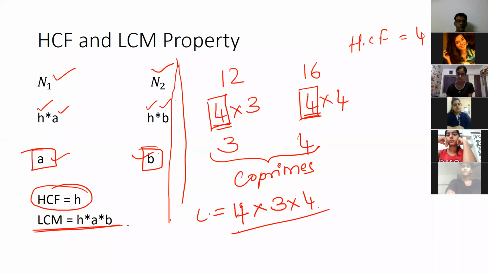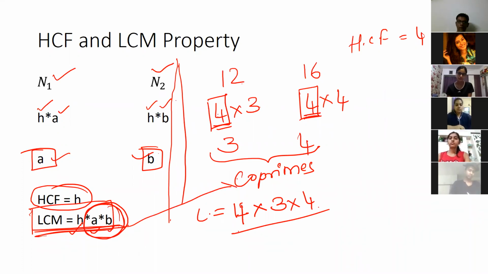That is always going to be my LCM: the highest common factor that I found multiplied by the two values which I am left with. And what we should not forget is that the two values that are left are nothing but co-primes. So this information we should not forget, because this will help us in solving a lot of questions.